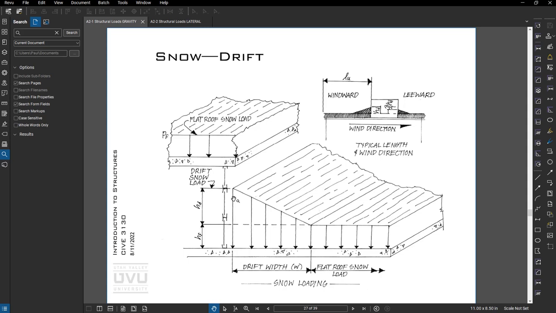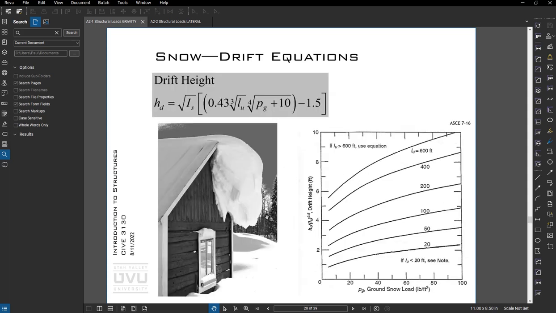Drifting, as the wind blows, the snow moves. So as you have changes in vertical geometry, snow will accumulate and increase the loading. So this is something as you're checking drawings or doing a project, anywhere on a roof where you change elevation, we will need to design for additional load or increase the member spacing, which is the same thing.